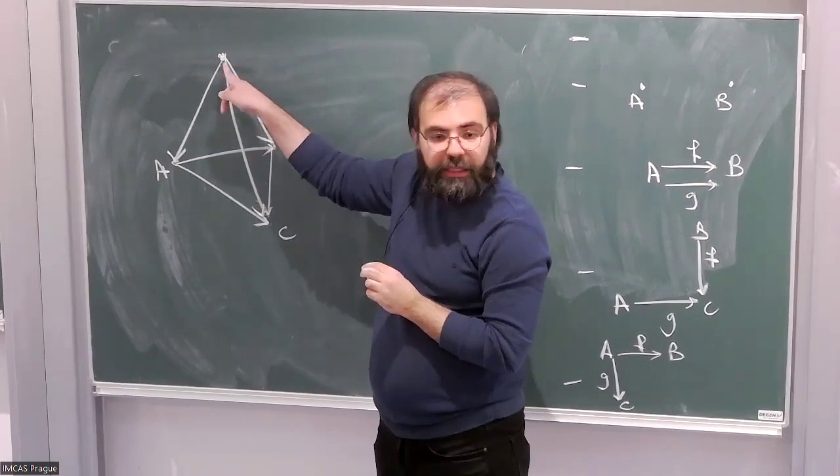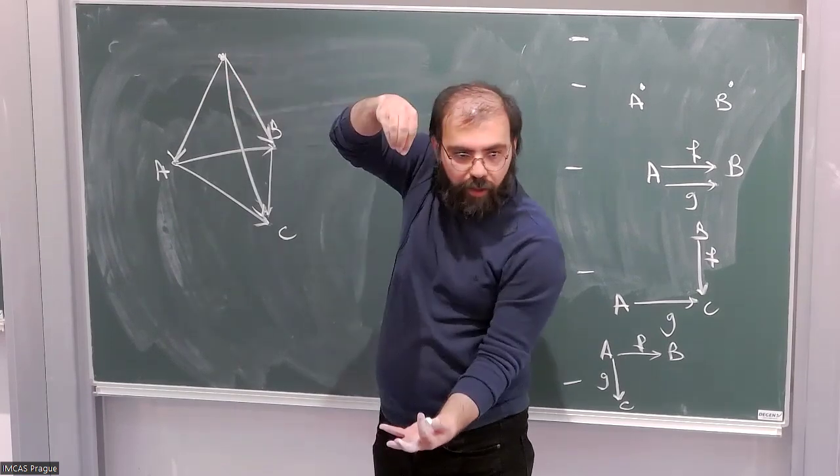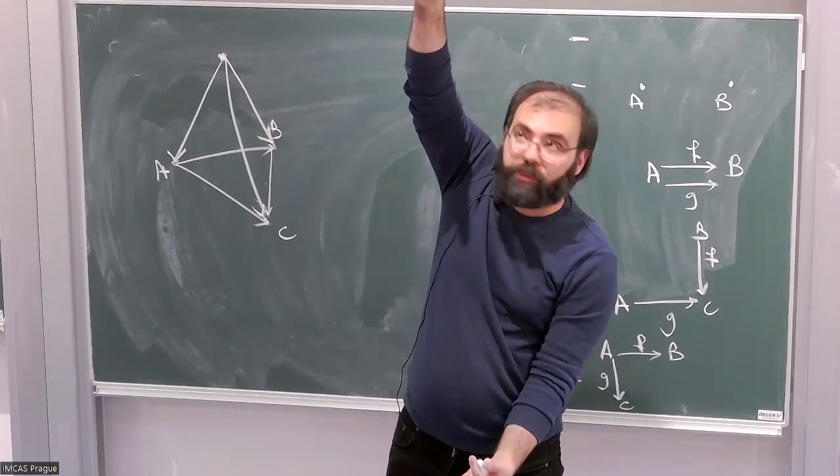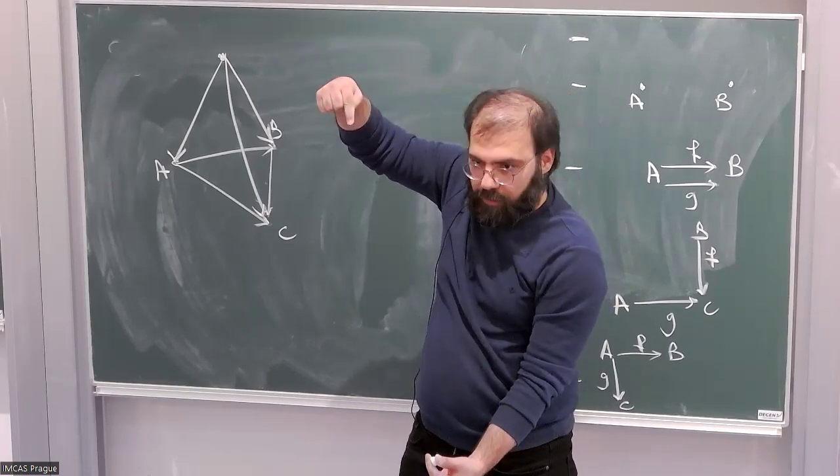And the guy should be the greatest, meaning that, let's call this guy a cone over the diagram. So for any other cone, there should be exactly one morphism that factors.